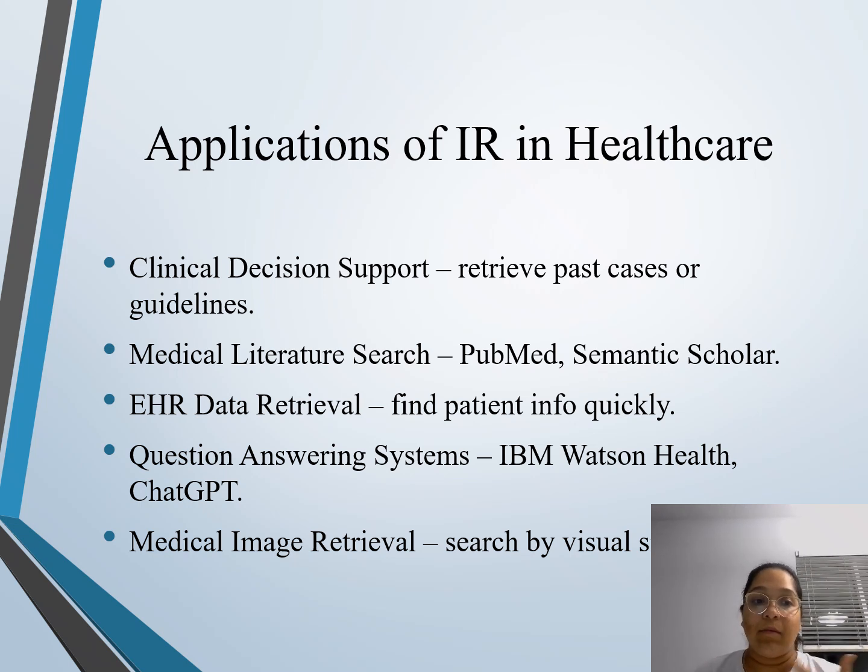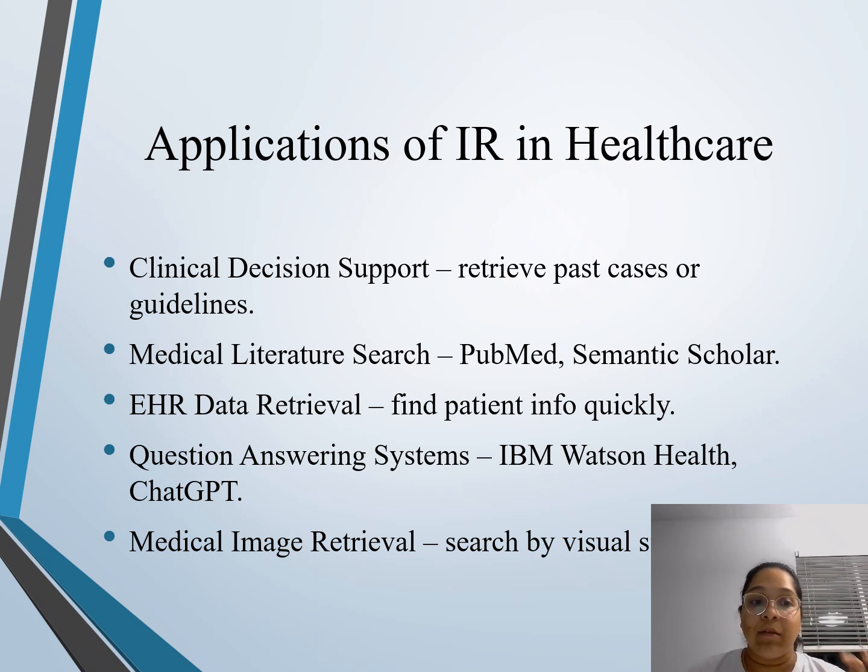The second one is medical literature research. Tools like PubMed or Semantic Scholar allow researchers to find relevant articles among millions of studies. Next, electronic healthcare records.